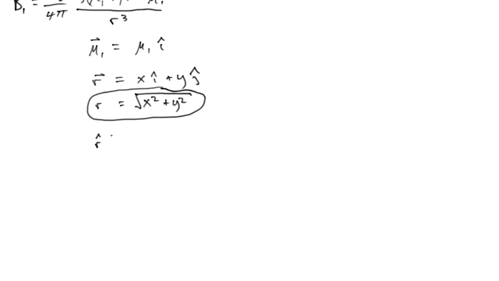Unit vector in the R direction is R divided by its own magnitude. This is what I mean. I'm going to call that just R. So r hat is x over R times i hat plus y over R times j hat.